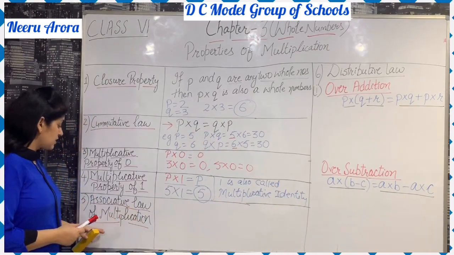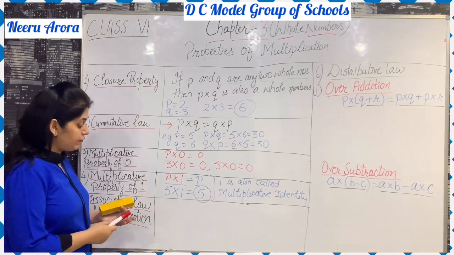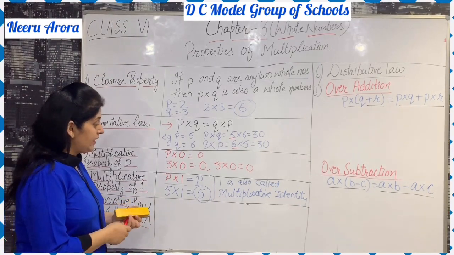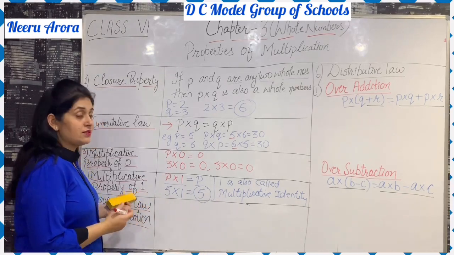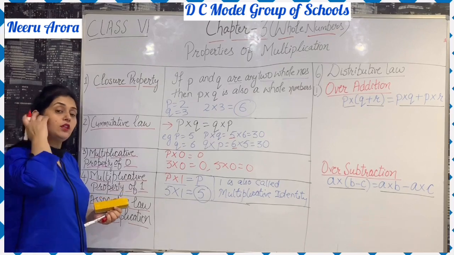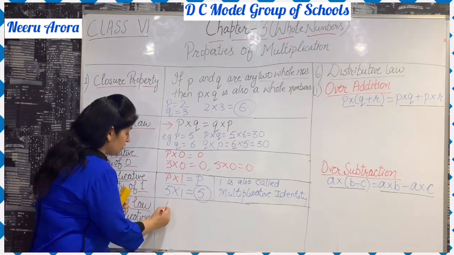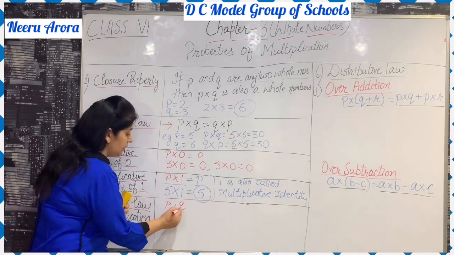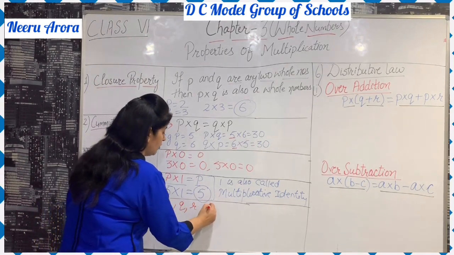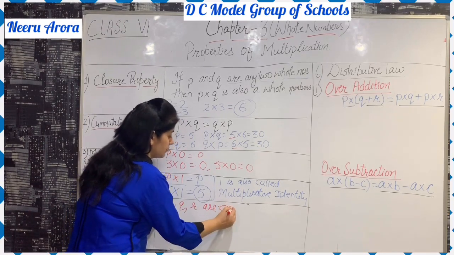Look at the associative law of multiplication. In this law, if we multiply any three whole numbers, the product remains the same whatever the arrangement is. Suppose P, Q and R are any three whole numbers.